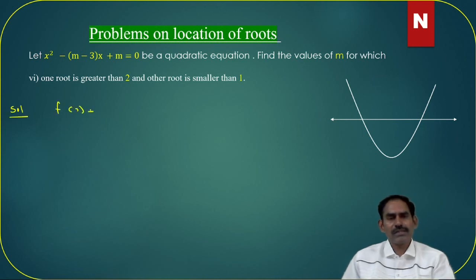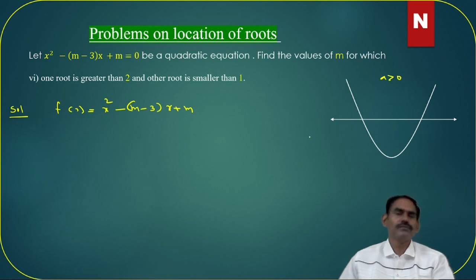Same, f of x is x square minus m minus 3 into x plus m. A is 1, positive, open upward direction. So these are the roots alpha, beta.